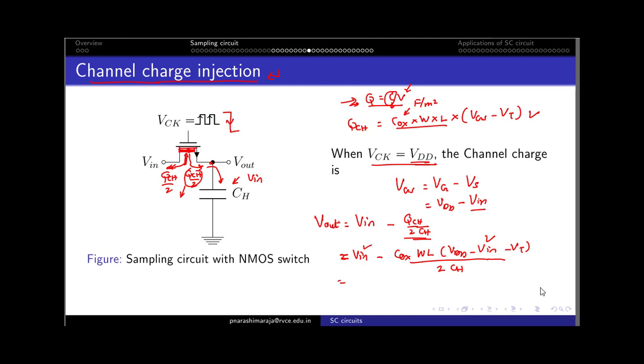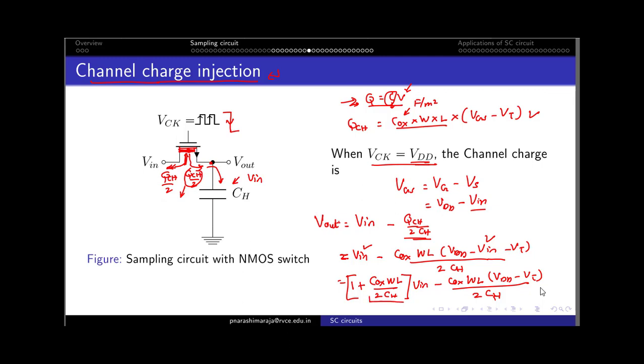I would get something like 1 plus the oxide capacitance multiplied by the width and the length divided by twice the hold capacitance, times Vin, minus the oxide capacitance, the width and the length times VDD minus VTH, divided by twice the value of the output hold capacitance. Now clearly from this expression there are two types of errors.